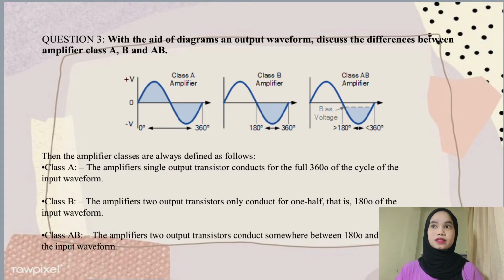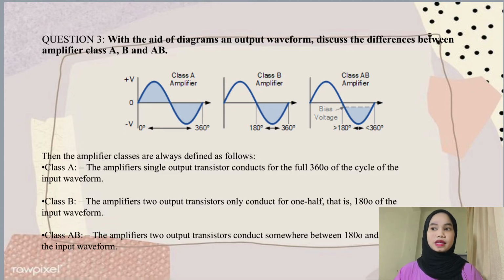Okay, for question 3, with the aid of diagrams and output waveform, discuss the difference between amplifier class A, B, and AB. Okay, then the amplifier classes are always defined as follows. First, class A. The amplifier single output transistor conducts for the full 360 degrees of the cycle of the input waveform.